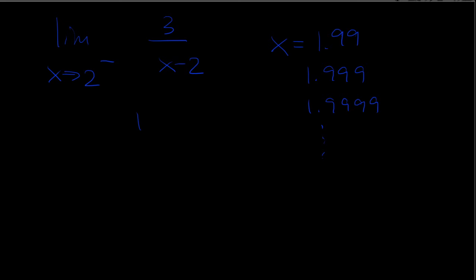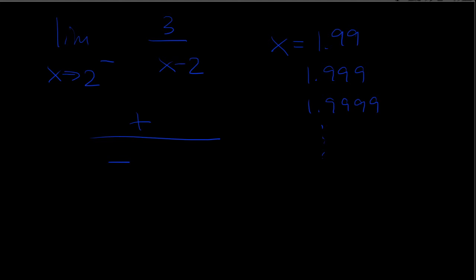What I get is a positive number, so we'll just say positive over. Now think of it like 1.99 minus 2. That's going to be negative, right? Because it's to the left of 2. And 1.999 minus 2 is small. And as I get 1.99999 minus 2, that's also small.